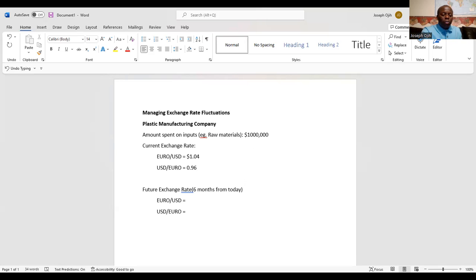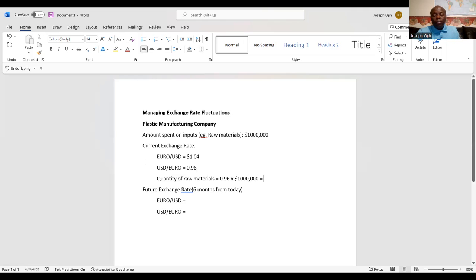How many euros worth of raw plastic can you get? The quantity of plastic raw materials you can buy, when you change your dollars to euros, you're gonna get 0.96 times 1 million.